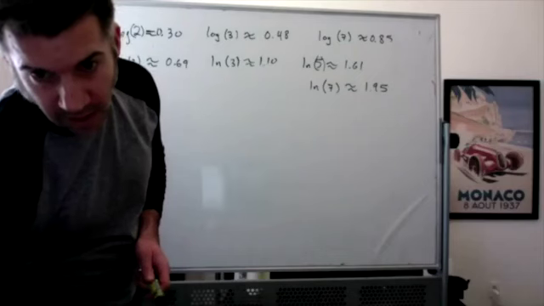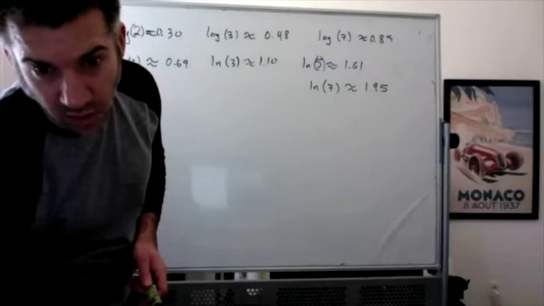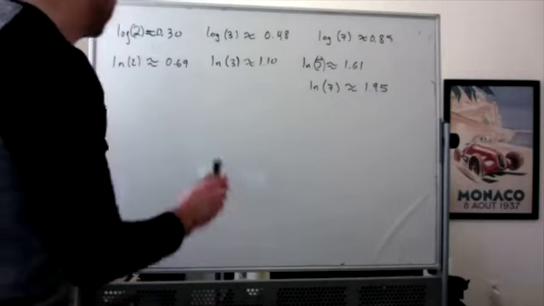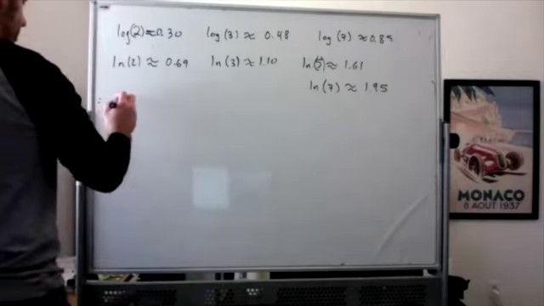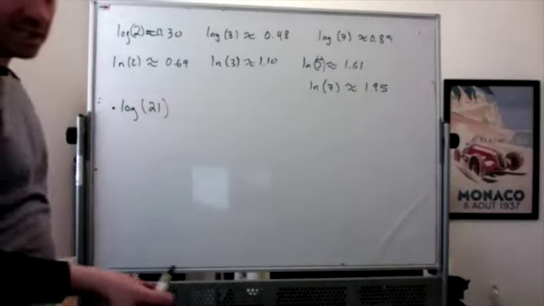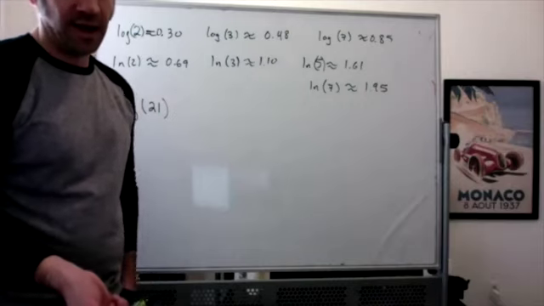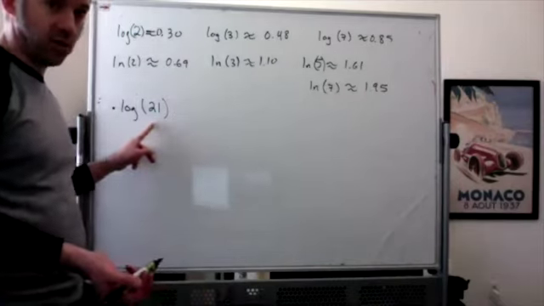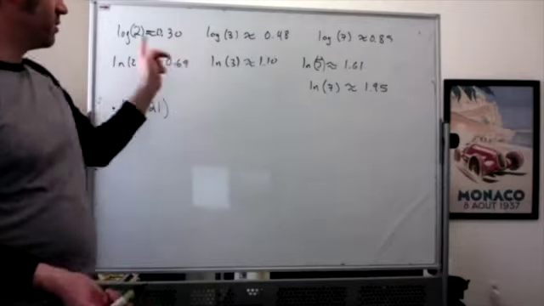And so the point of this is that we're going to try and use the rules of logarithms. So for example, I want to approximate the log of 21. And so really my job here is to identify how I can write 21 as either a product or quotient of the numbers I have here.